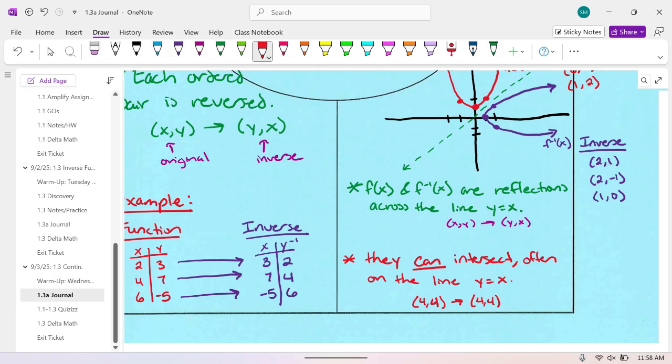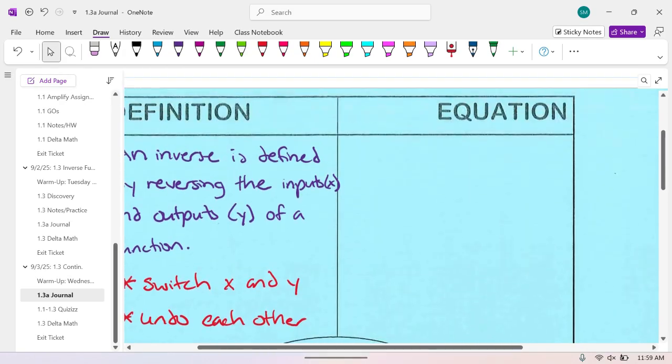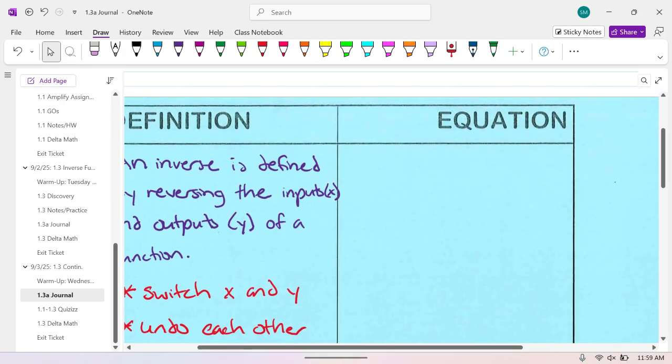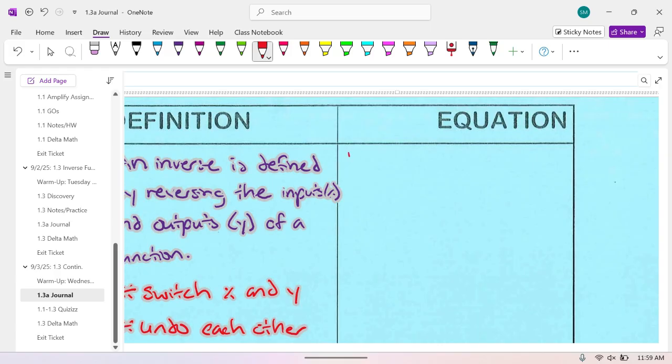All right. So, now let's talk about equations. So, again, we briefly discussed this with your exit ticket yesterday. I gave you that exit ticket because I wanted to see if you could figure it out or at least somewhat get it after I got you started on it. But with the equation, here are the steps first on what to do.